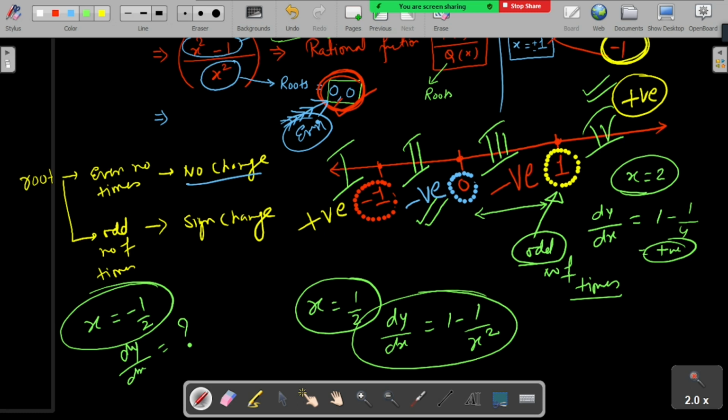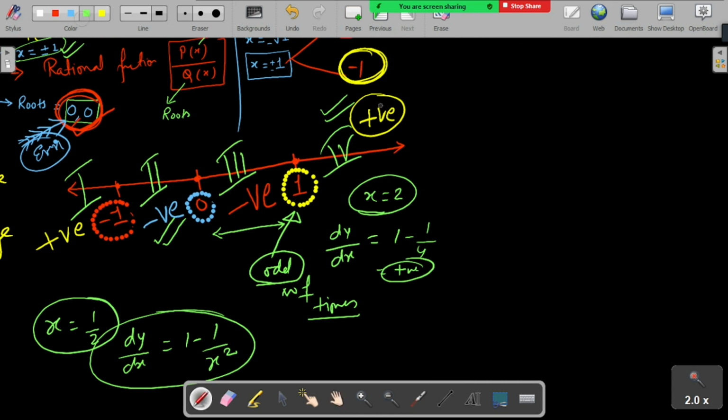Yes, it's negative. So now I think you have confidence and you agree as well, right? The importance of this concept. Now you have the sign scheme of your dy upon dx expression. Is it okay?